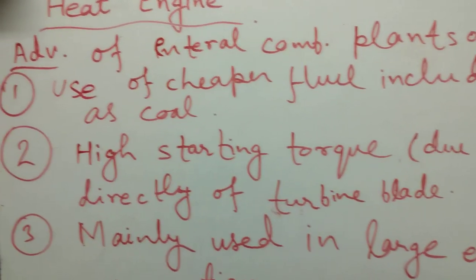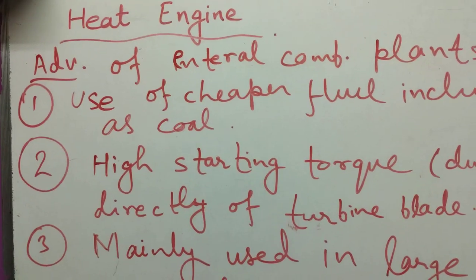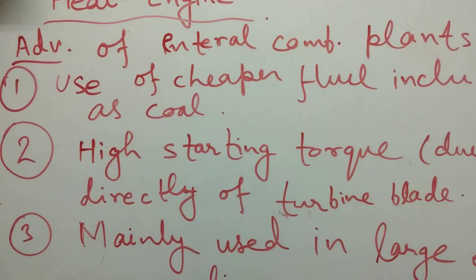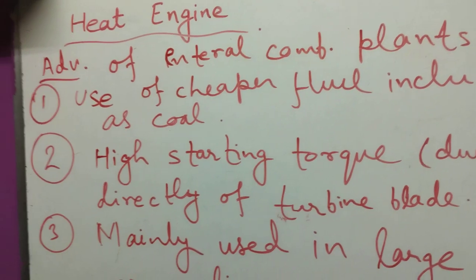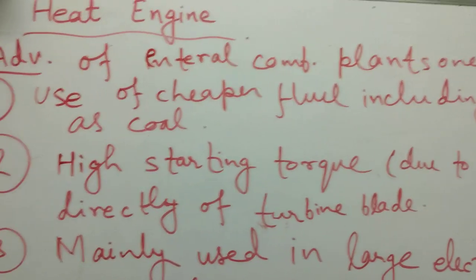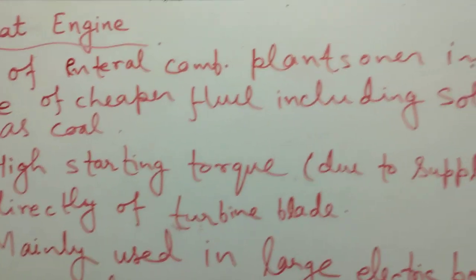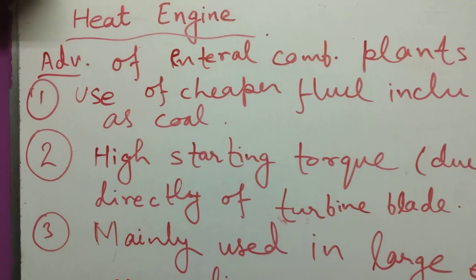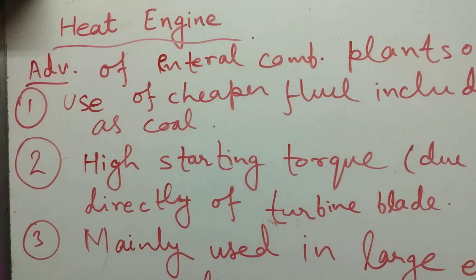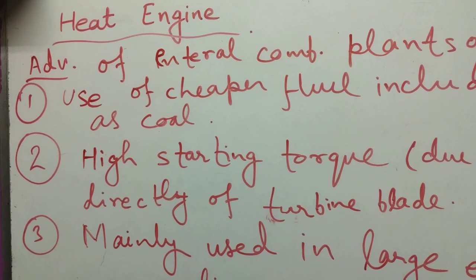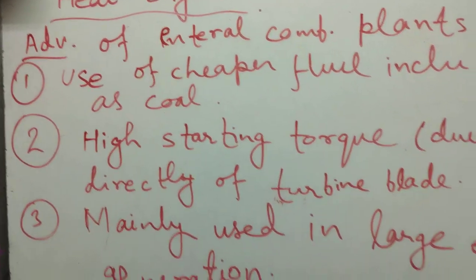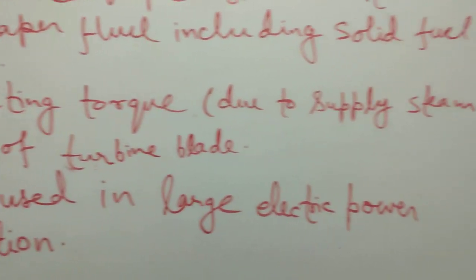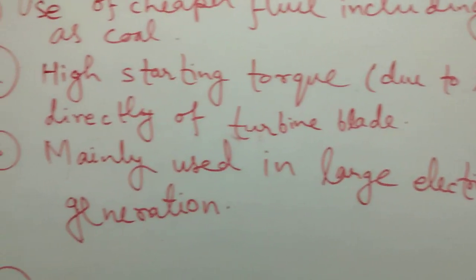For example, external combustion in thermal power plants uses coal at maximum, and in the winter season diesel is used to reserve the water in the uppermost portion, like a hilly area, and generate power by supplying the water to the turbine moving blades.